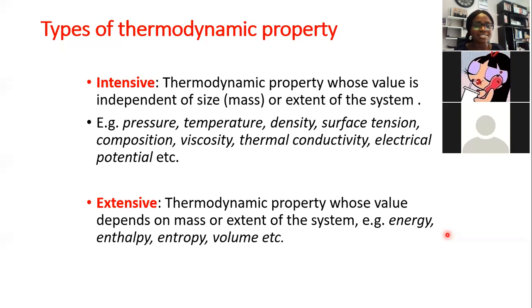We know that this depends on the mass or extent because energy is what? David is saying something. Because energy is work done. Yeah, so what is it about? What's the mathematical expression for energy? There's a relationship between mass and energy, because the larger the mass, the higher the work done. Thank you.